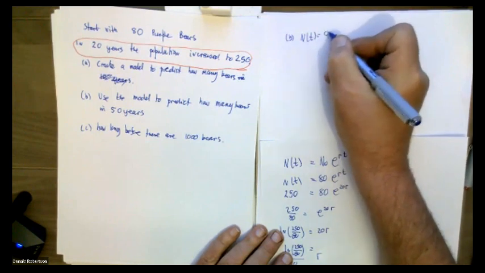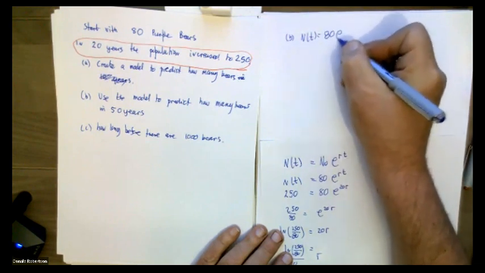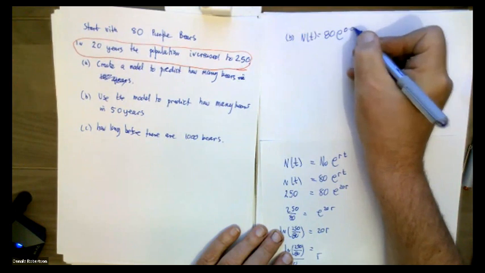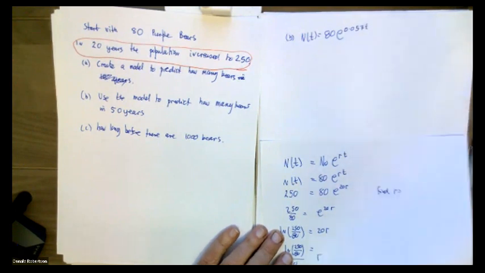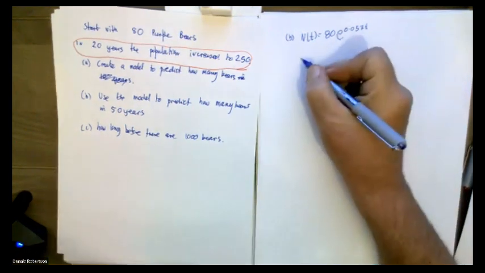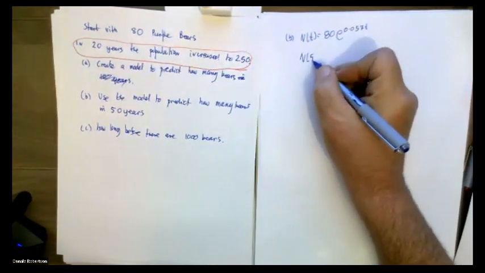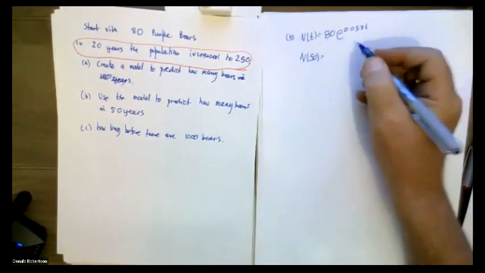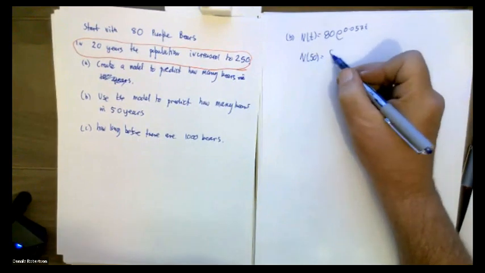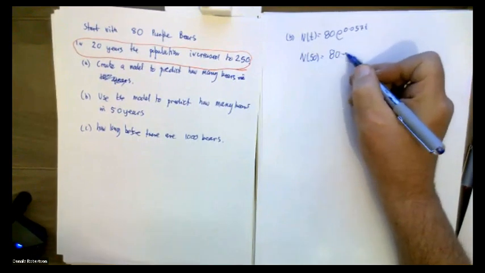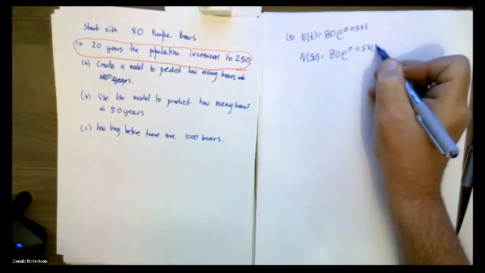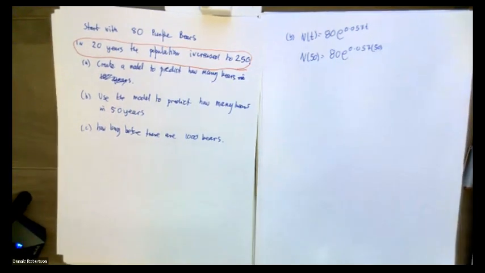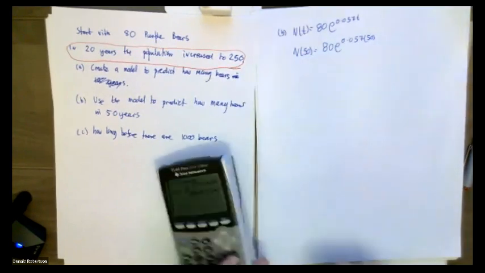Population is 80 e to the 0.057 times 50, and we are going to find out what the population will be in 50 years if they continued at the rate that they have done so far.